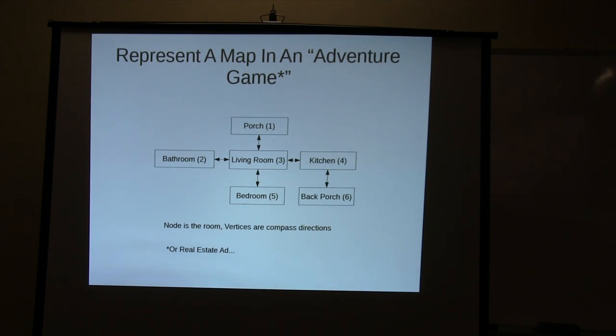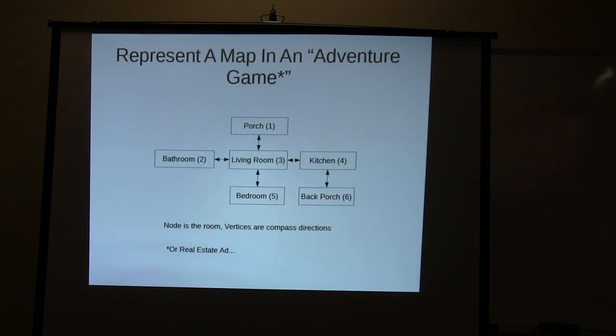They're bidirectional, so that's a little different than the directional one I showed. This also could be for a real estate ad, if you want to show somebody a house and give them a feeling for what it's like inside.